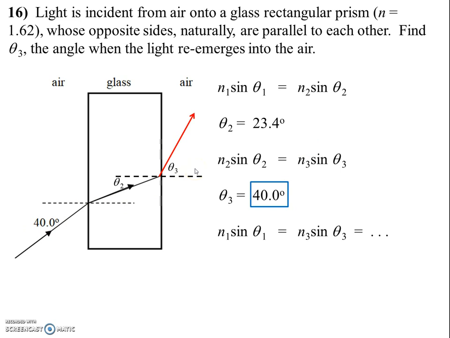Although, that's not exactly true either, because you should notice that the light, while it does change direction, is always heading in the same general direction. Up and to the right, up and to the right, up and to the right. Can you see that if we keep stacking medium after medium, and if this is the upper edge, eventually this ray of light will cross over that upper edge? In which case, of course, the upper edge is not parallel to this side over here, so you certainly can't jump from first to last in one shot.